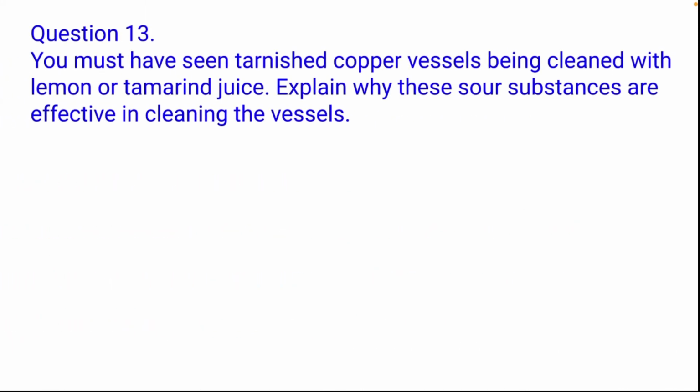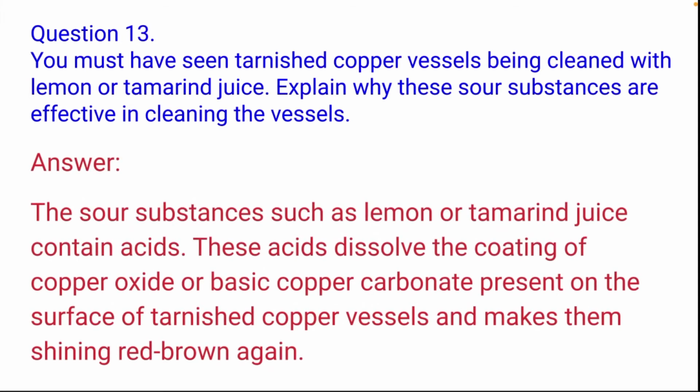Question number 13. You must have seen tarnished copper vessels being cleaned with lemon or tamarind juice. Explain why these substances are effective in cleaning the vessels. Answer: substances such as lemon or tamarind juice contain acids.